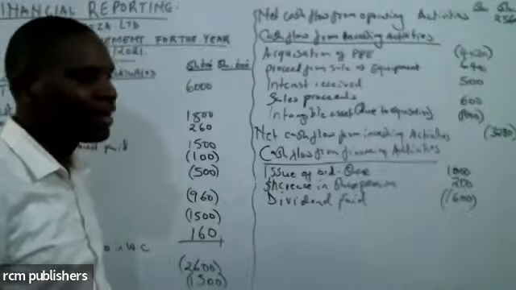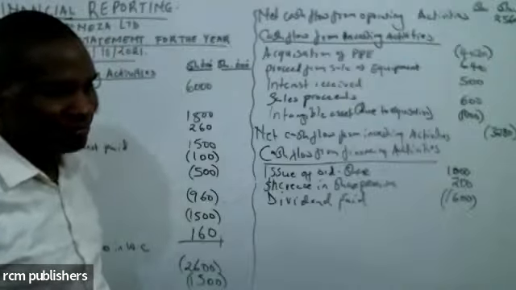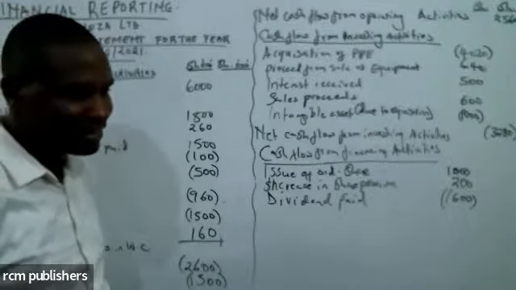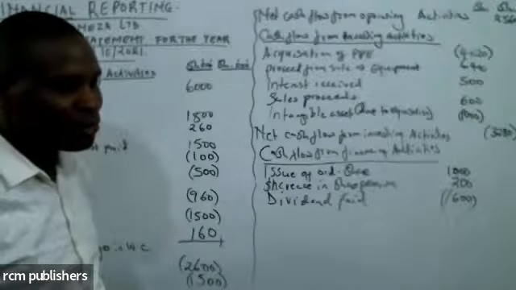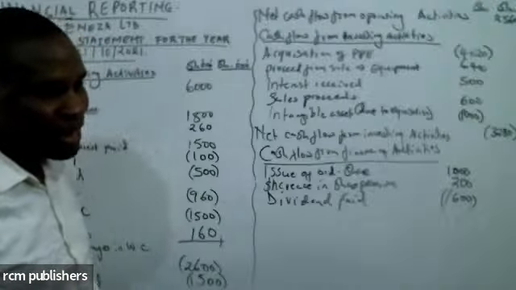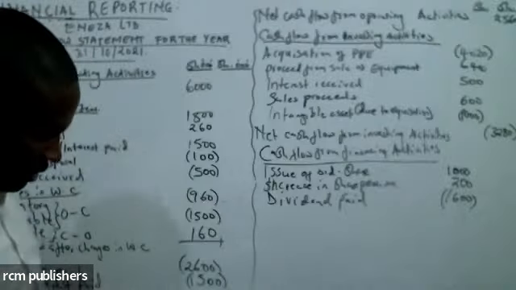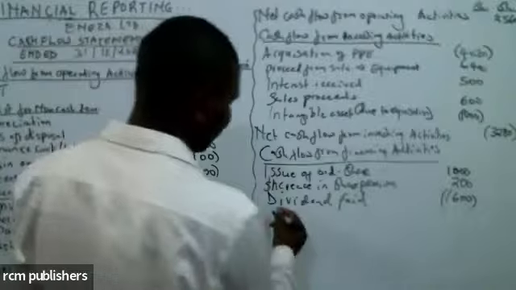At the end of the year, loan imekuwa ngapi? 3,400. Tumeomba ama tulilipa? Tumeomba 2,400. So we have a cash inflow of 2,400.